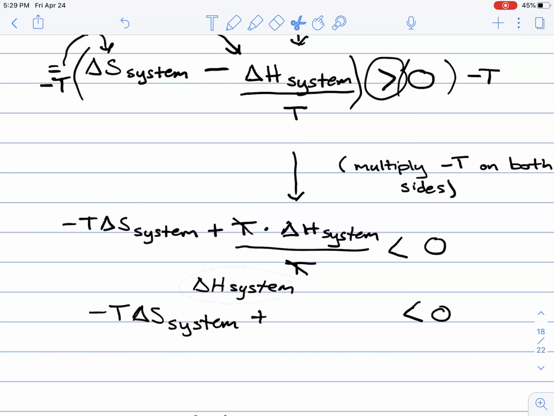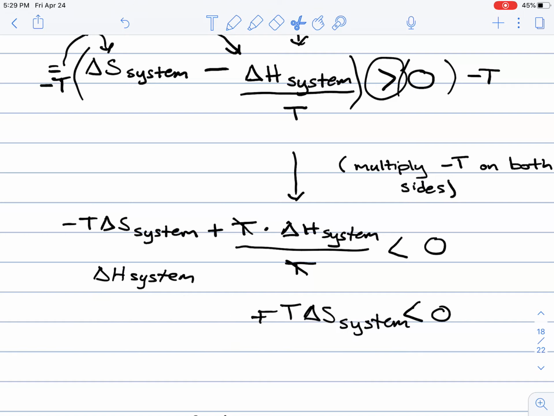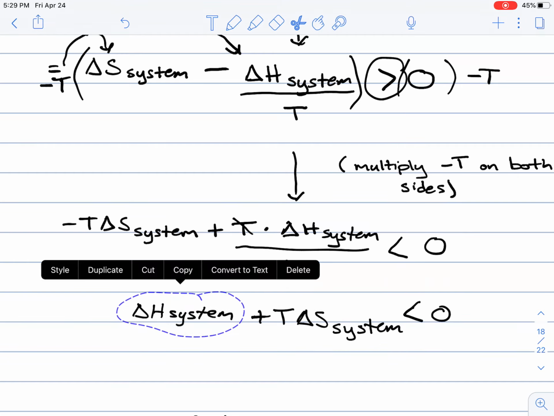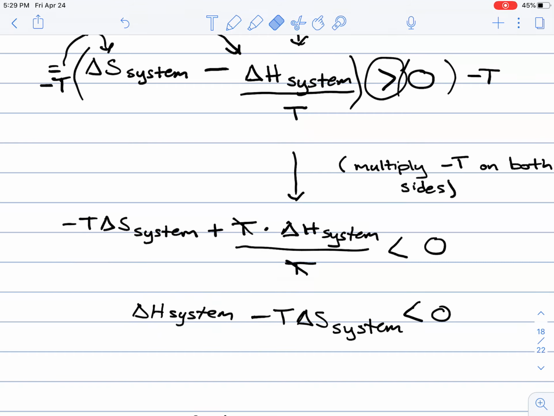So since this one is positive, maybe I can flip it around this way. And I'll erase that. So it's negative, so I'm carrying that negative. Okay. All right. So what I just did is move the terms around so that my positive value is seen first and my negative value is seen second.